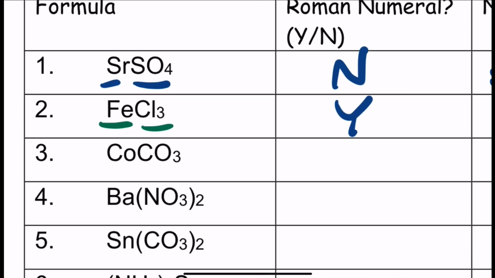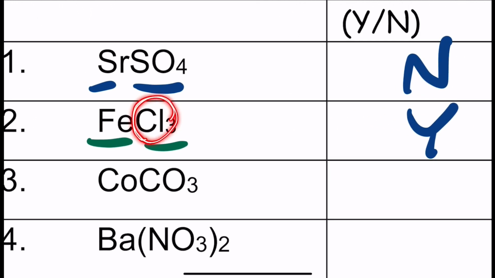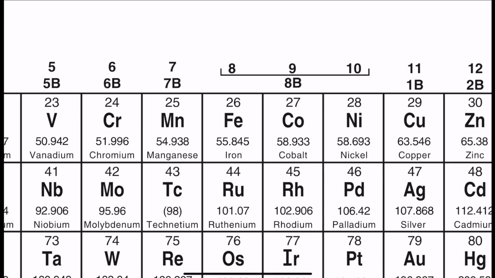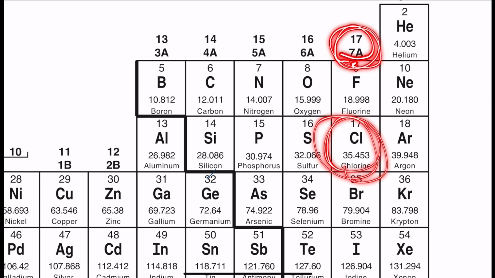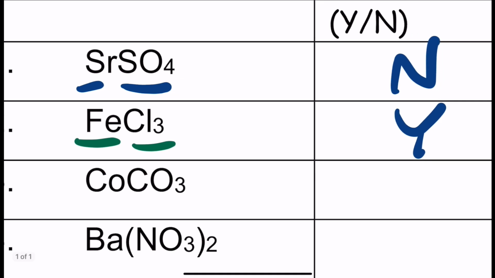We figure out the Roman numeral by looking at the second part here, the chlorine. Chlorine is over here on the right side of our periodic table in group 7A. Whenever it ionizes, it'll probably gain 1 electron, so it's going to have a 1 minus charge. Over here, I'm just going to talk about this really quick. Since there are 3 chlorines, and each one of them has a 1 minus charge, you can write some work here if you'd like.